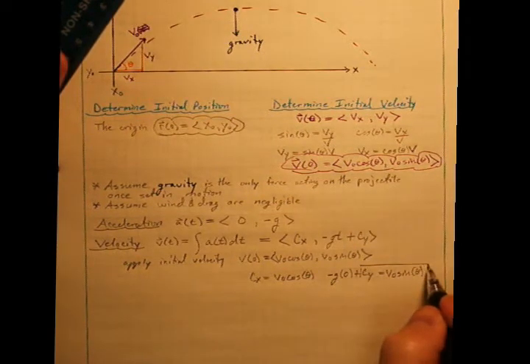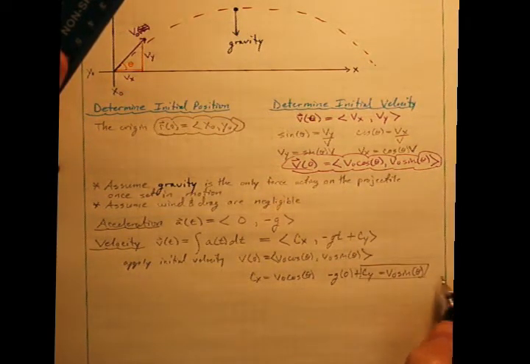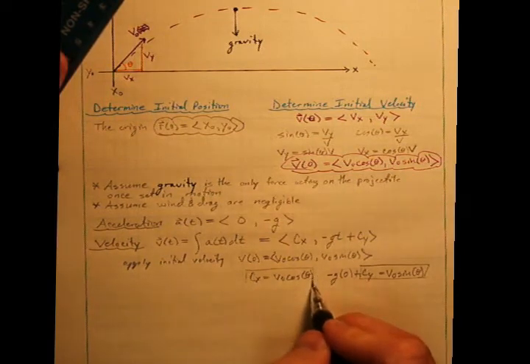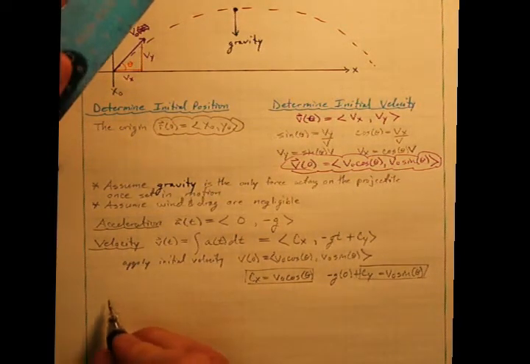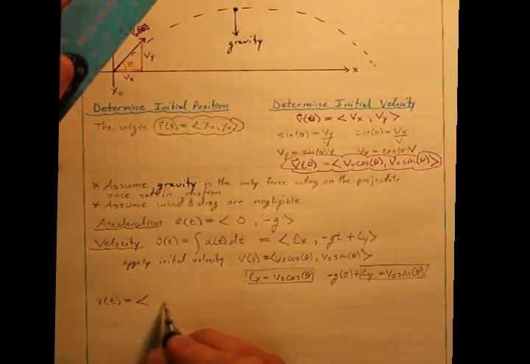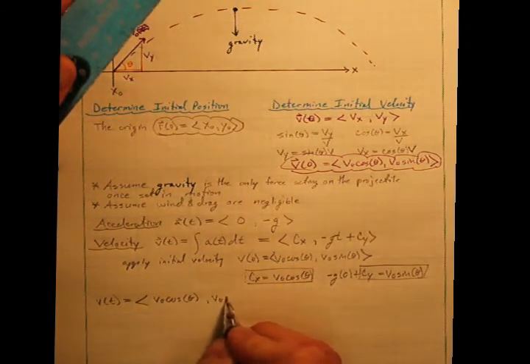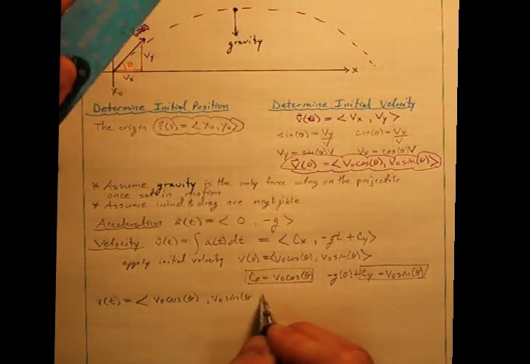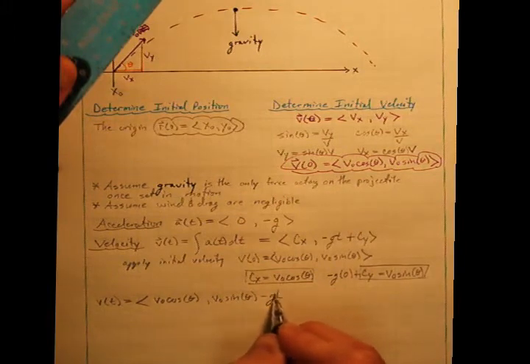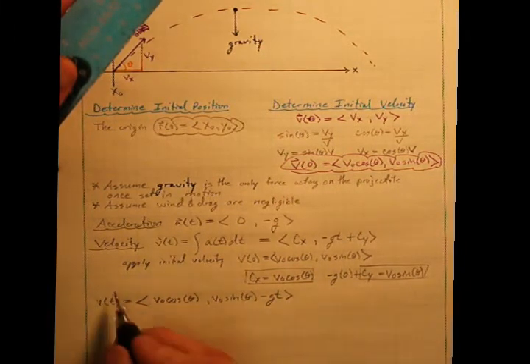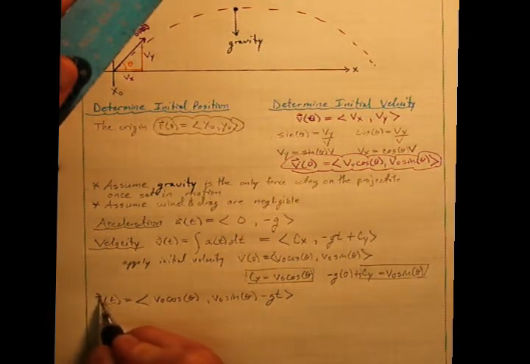Therefore, c sub y will equal v naught sine theta. So now my velocity vector is v naught cosine theta, v naught sine theta minus gt. Okay, this represents my velocity vector.